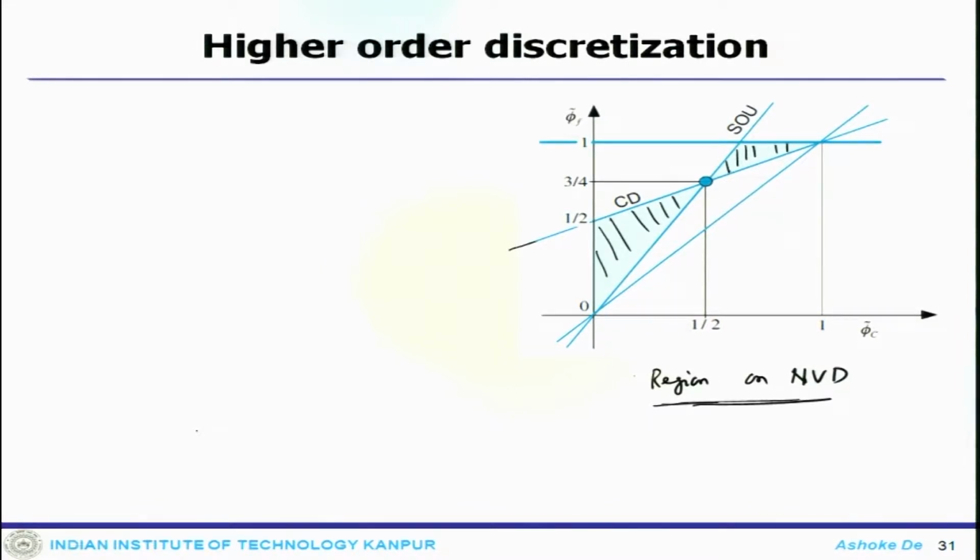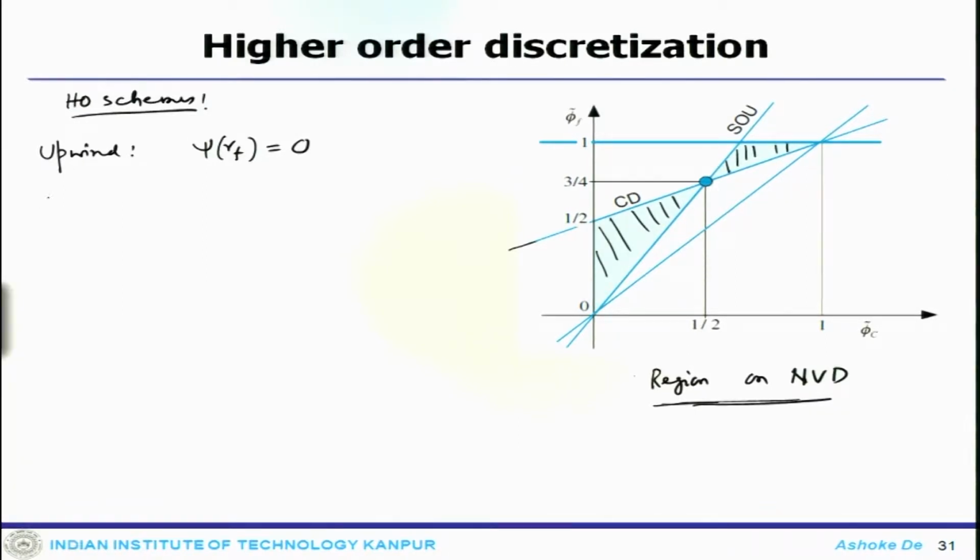Now, adopting this approach and the procedure which we followed for the second order upwind scheme, the functional relationship of the limiters for any higher order scheme can be formulated. For example, these are the higher order schemes' functional relationships. So, we can say for the upwind scheme, psi r f is 0.